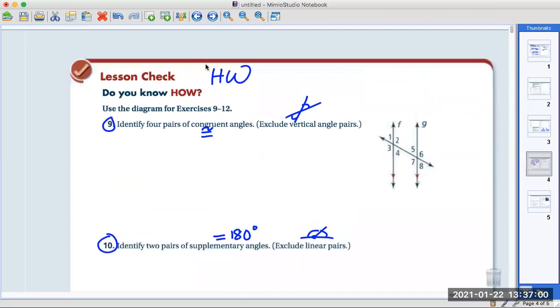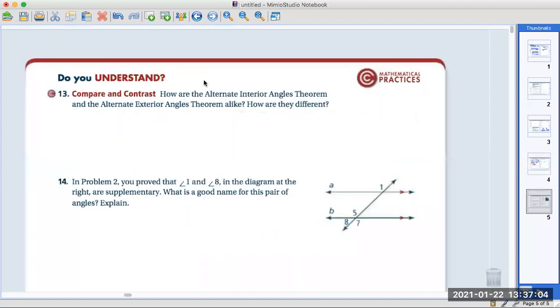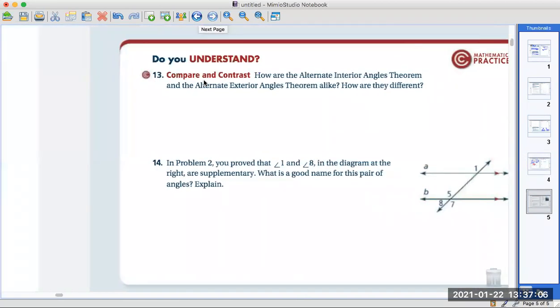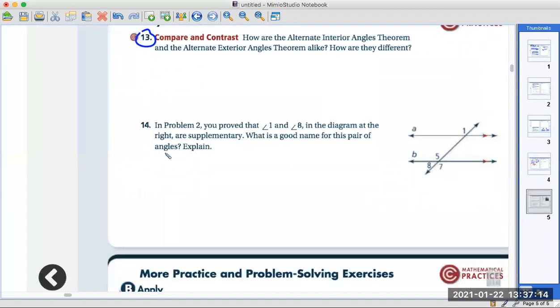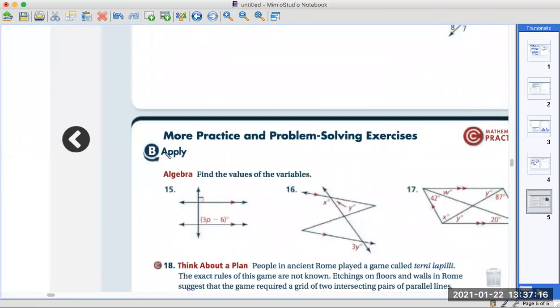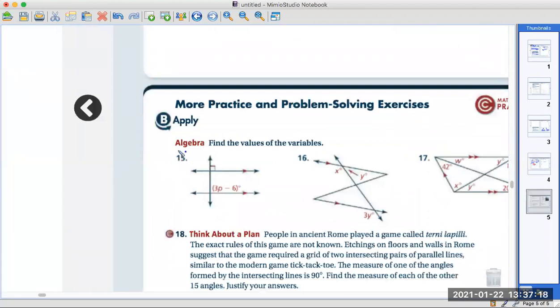On the next page, okay, skip 14. 15. You got to set up an equation and solve, because it says find the value of the variable, which is p.